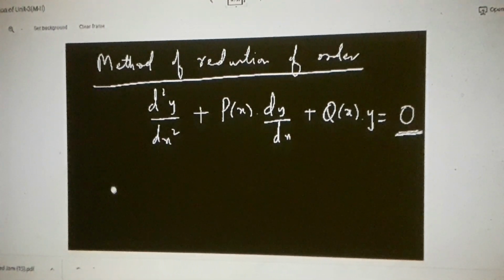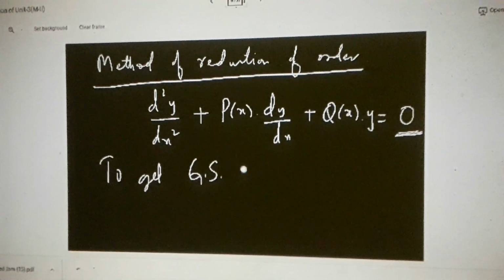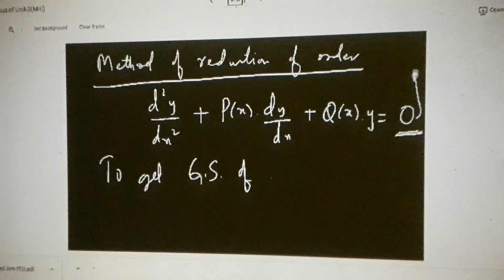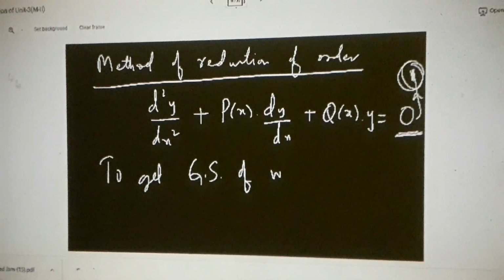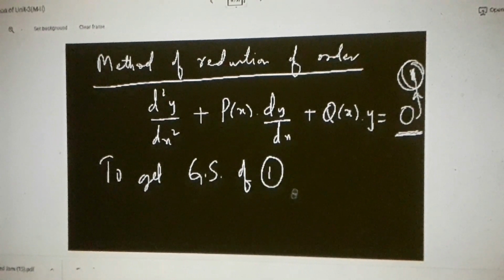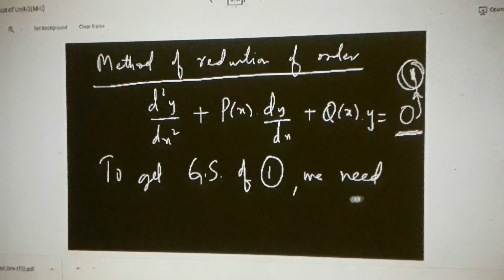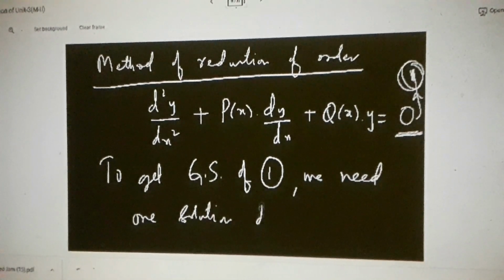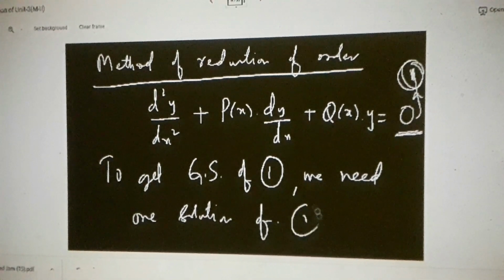So to get the general solution of equation number 1, we need one solution of equation number 1.